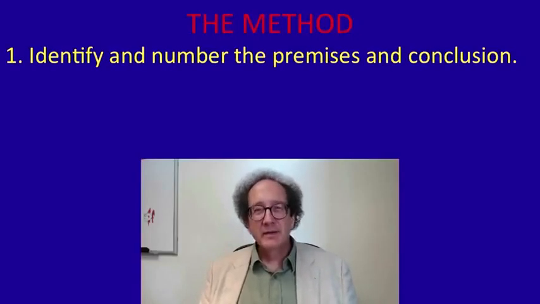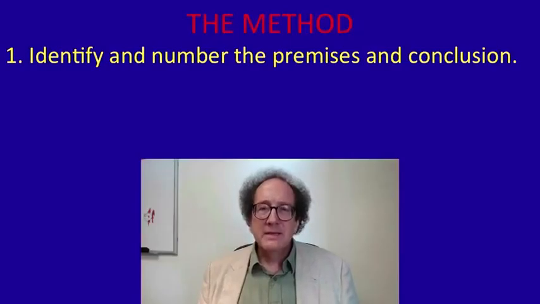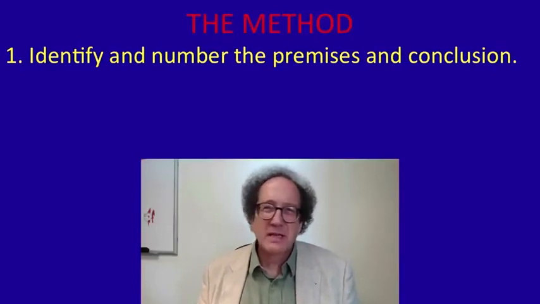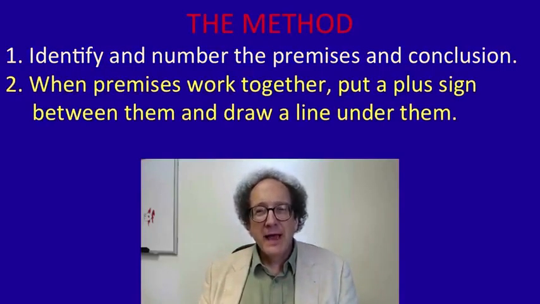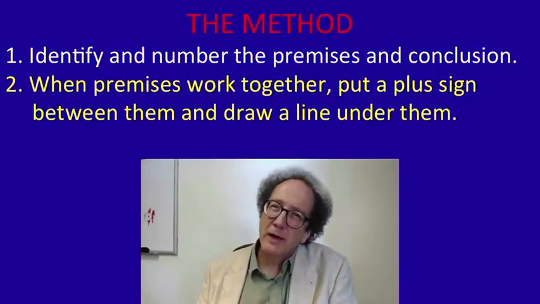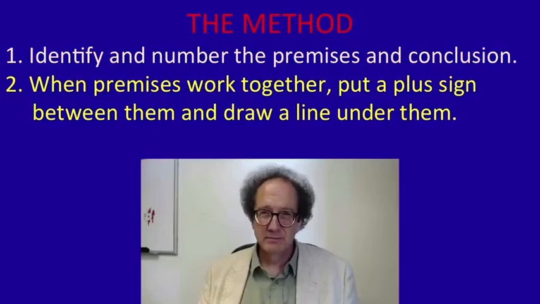You start by identifying the premises and the conclusions, and you number them, so that you can just have numbers instead of having to write out the whole sentence on the diagram. Then, when they work together, you put a plus sign between them and draw a line under it to indicate that they're working together, they're functioning as a group.